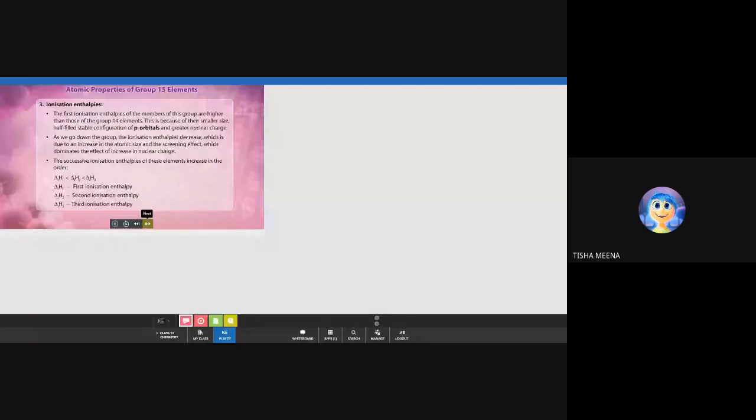Ma'am, it is the minimum amount of energy required to remove the most loosely held electron from an isolated gaseous atom. Very good, Tisha. Keep it up. So, the minimum amount of energy required to remove the most loosely held electron from an isolated gaseous atom.